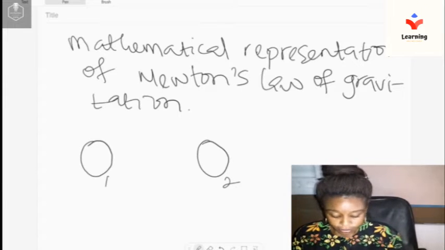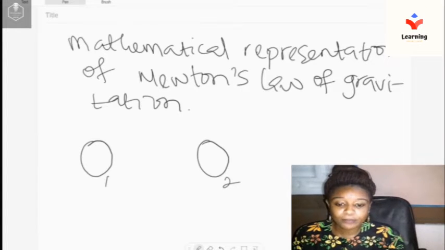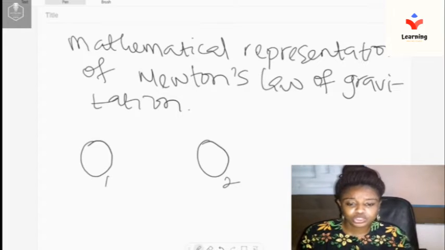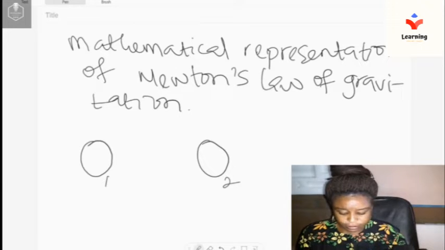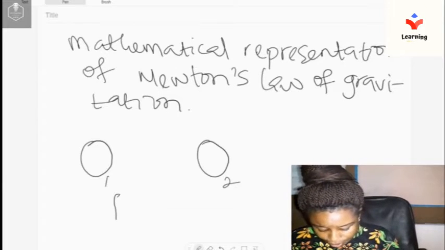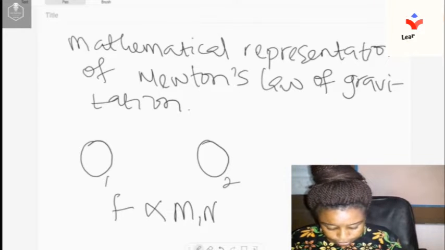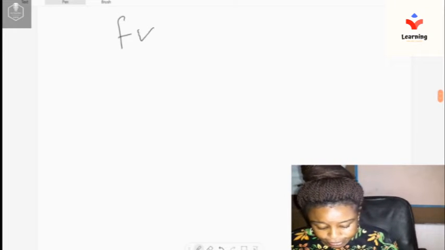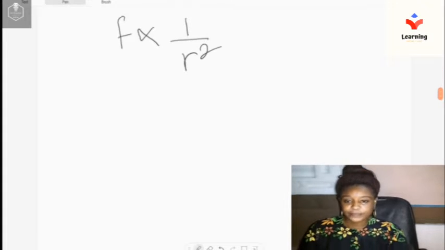So the force of attraction between them is directly proportional to the product of their mass and inversely proportional to the square of the distance between them. For the first statement, we have F is directly proportional to mass 1 and mass 2. The second statement is force is inversely proportional to the square of the distance r between them.